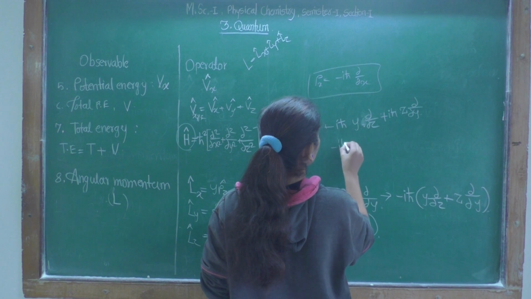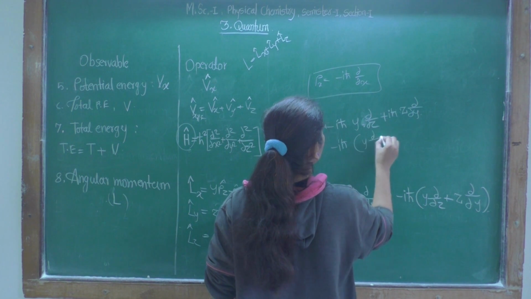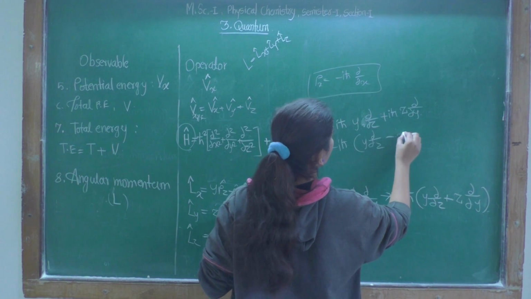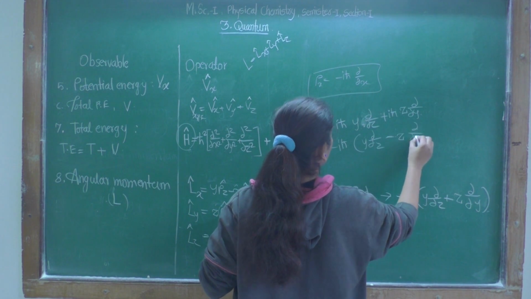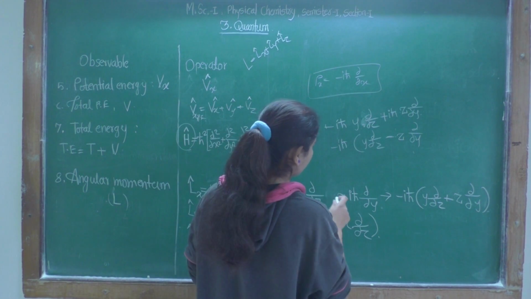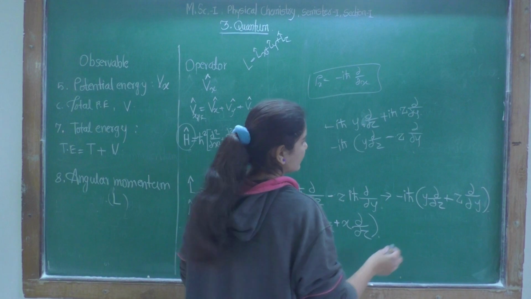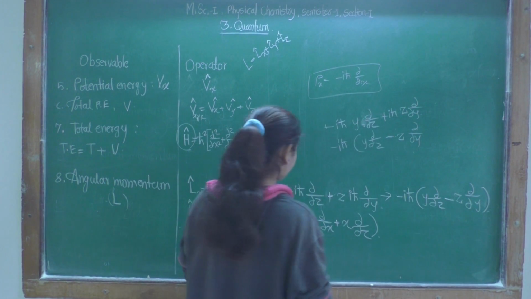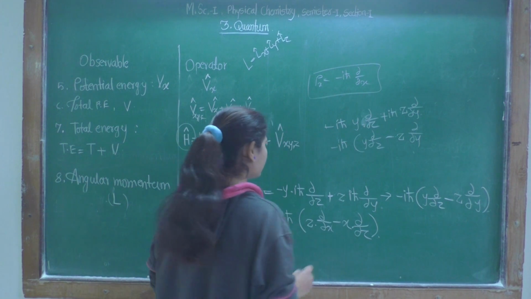Therefore minus iħ in bracket y ∂/∂z minus z ∂/∂y.